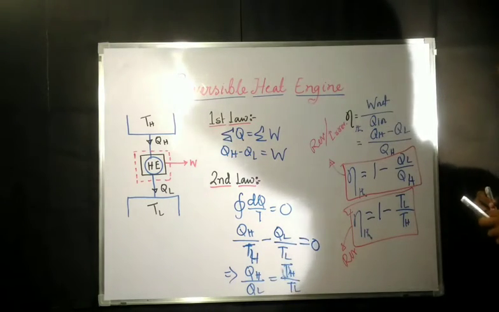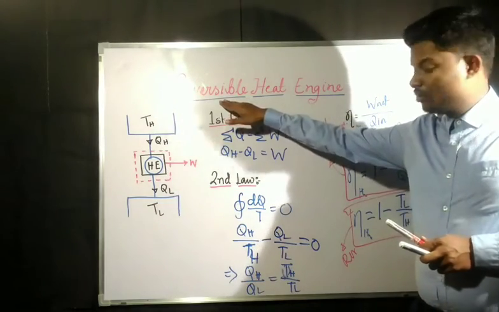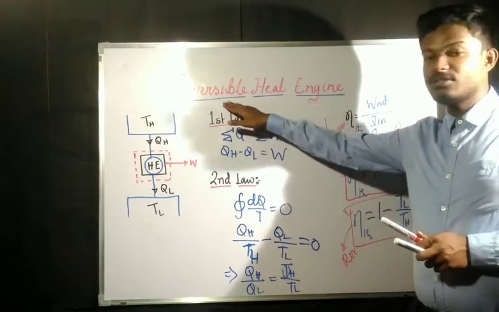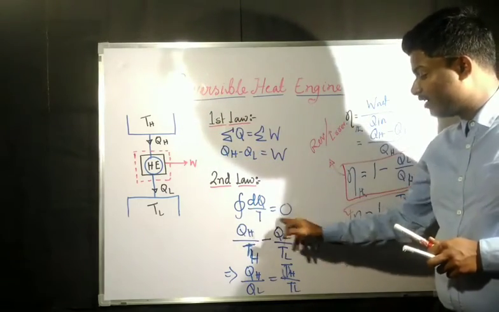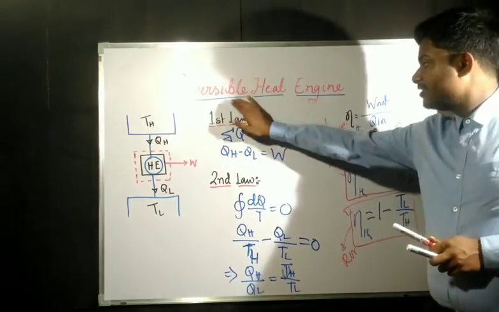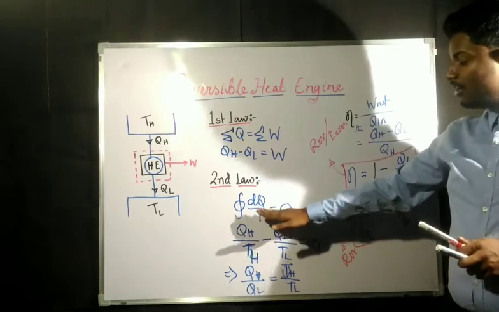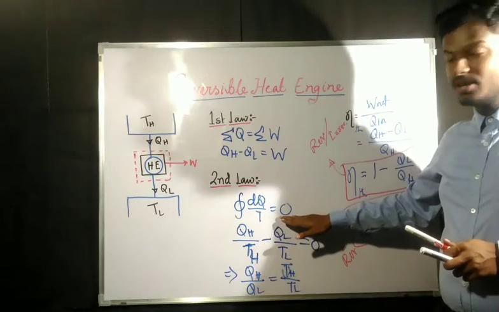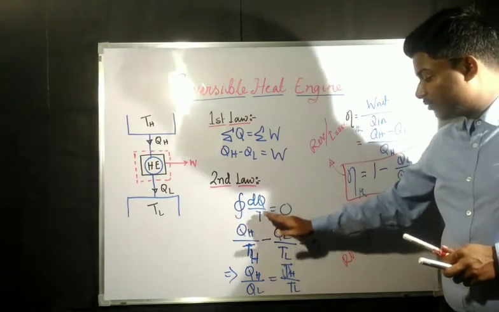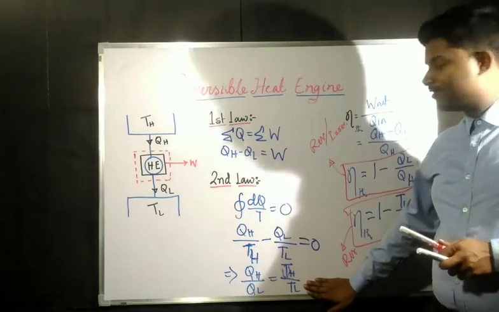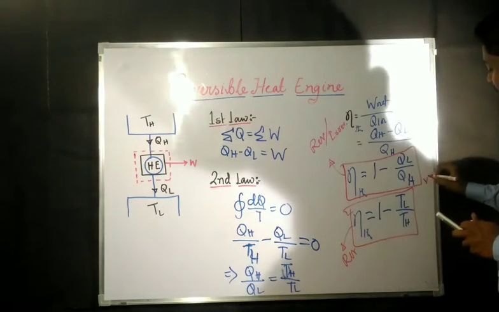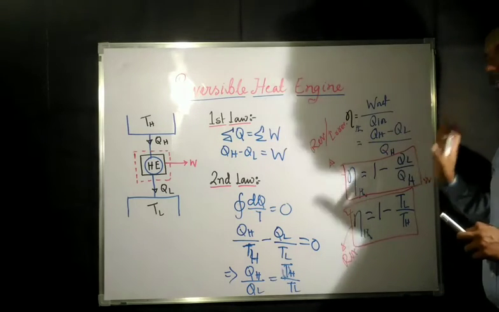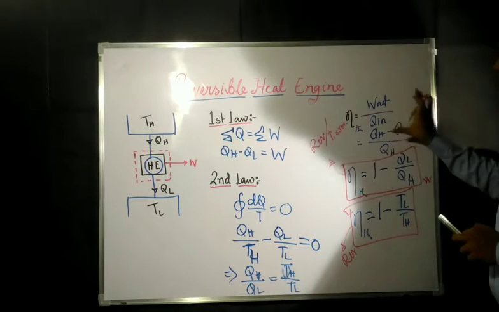Why only for reversible? Just because this is reversible, we have taken this equal to 0. Otherwise if it was irreversible, then we would have written it is less than 0. Since it is reversible, the cyclic integration of dQ by T is equal to 0. Up to here it is normal.